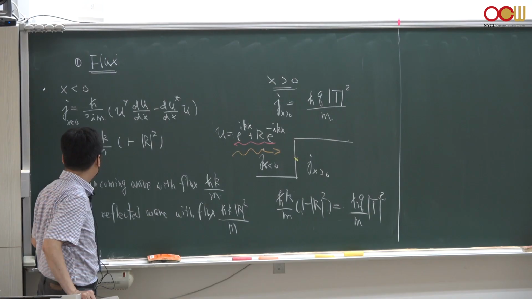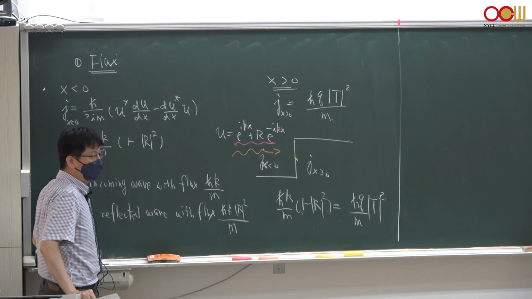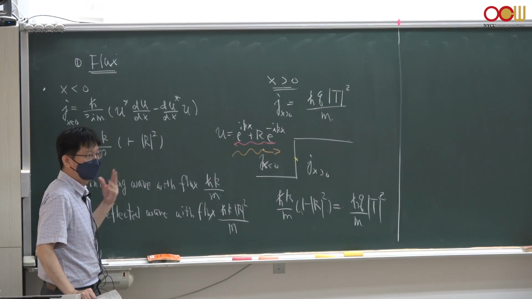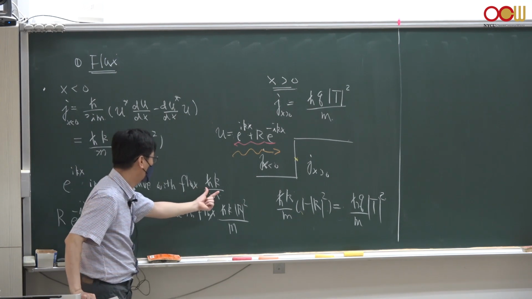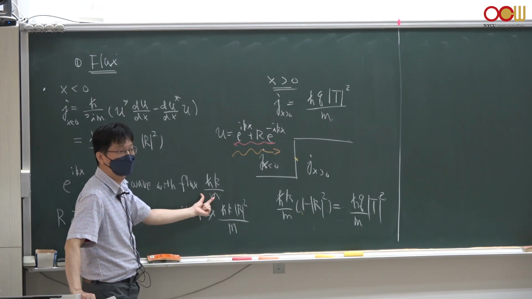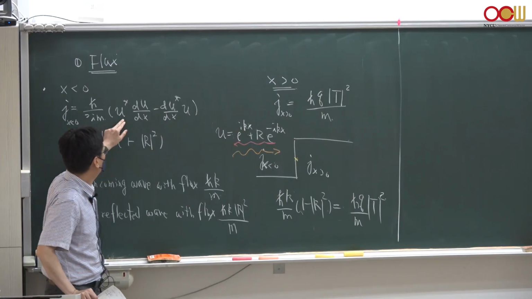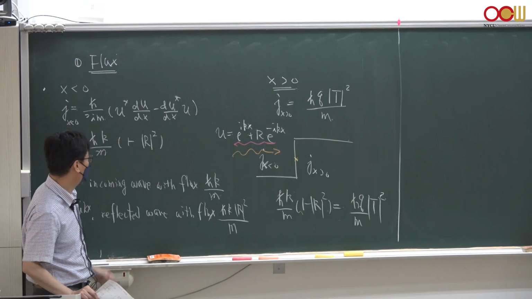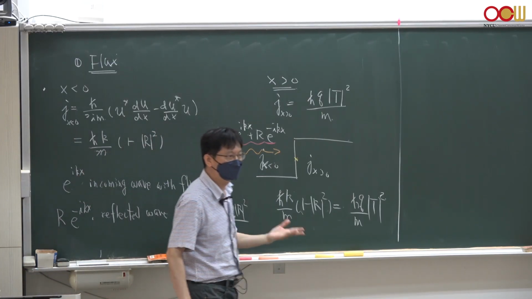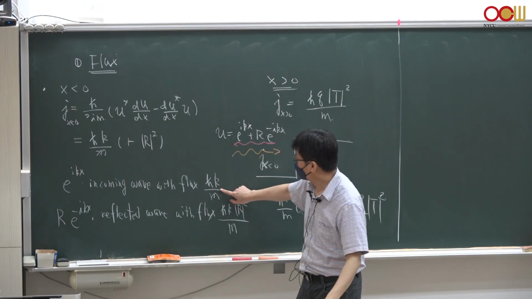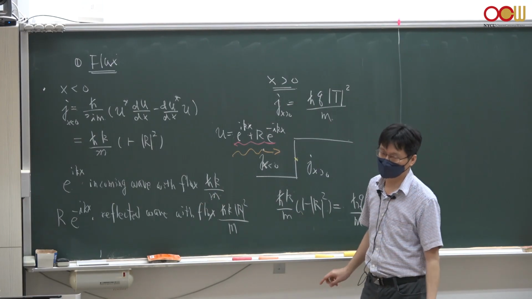And the prefactor of this incoming plane wave is actually 1, so the density is 1, and you get the total flux h bar k over m. So you don't need to calculate this complicated object; just by looking at this plane wave, you know immediately that it carries flux h bar k over m.